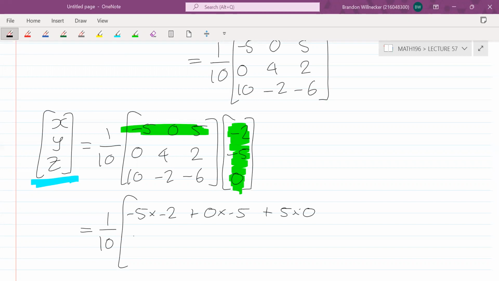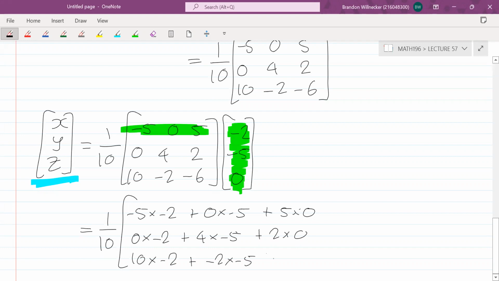So we're going to have 0 times -2 plus 4 times -5 plus 2 times 0. Okay, that was the second row. And now the third row. 10 times -2 plus -2 times -5 plus -6 times 0. Okay, so that's just doing the dot product of the rows with the column. In this case, there's only one column, so it's pretty simple to do.